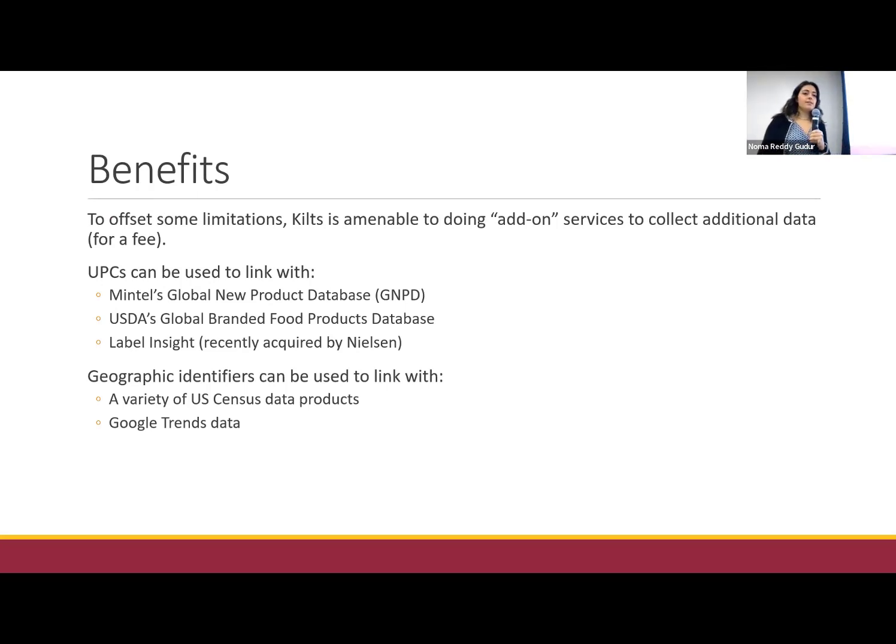So some benefits and also some things to note is that sometimes you might run into a challenge or you want to look at something in more depth that aren't really collected by Kilts or through Nielsen, or maybe Nielsen does collect it, but it's not available through the academic subscription. Researchers are able to talk to Kilts and ask for some sort of add-on services to collect additional data.